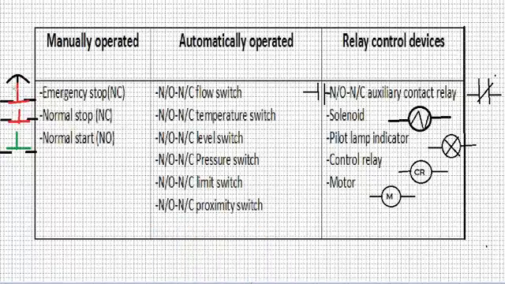Here we have on the left hand side the emergency stop. Notice that it has a mushroom head, and notice that the contacts are tied to the horizontal bars. That is because it's a normally closed, a slightly different way to represent a normally closed emergency stop. This one is a normal stop, also normally closed.